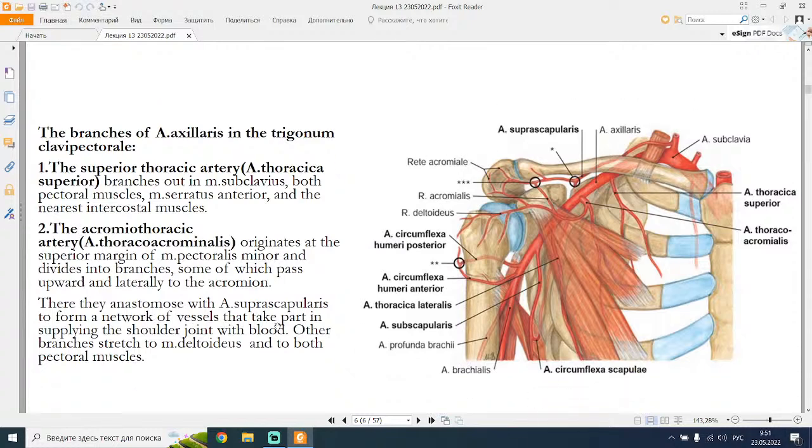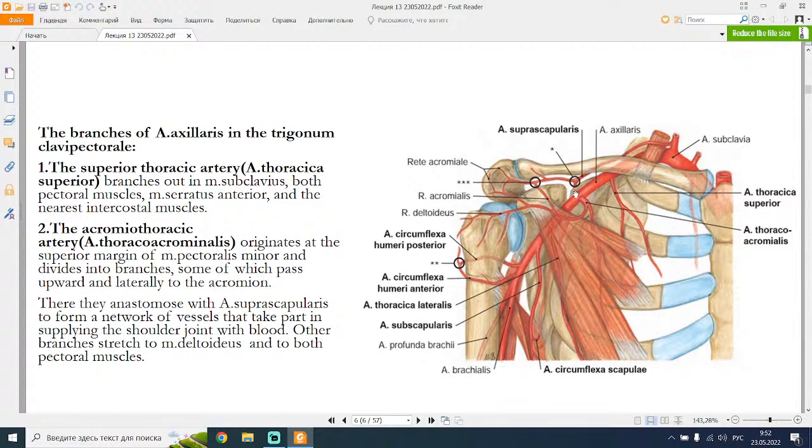The branches of arteria axillaris in trigonum claviculo-pectorale. First artery, the arteria thoracica superior.